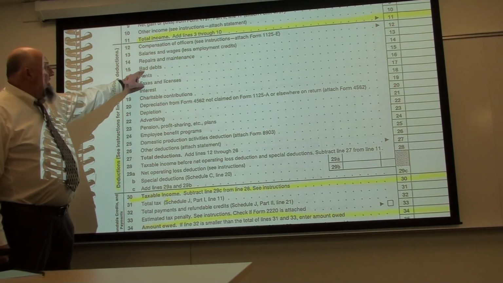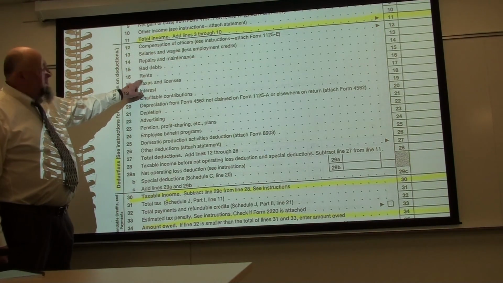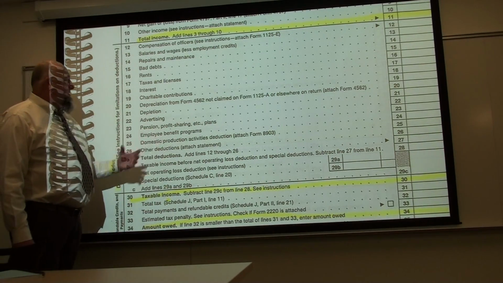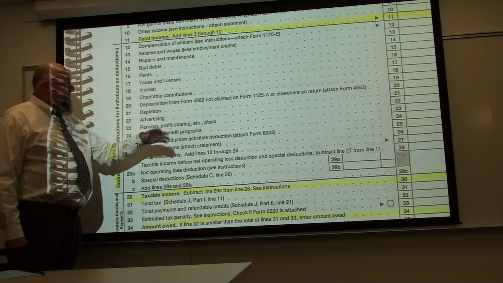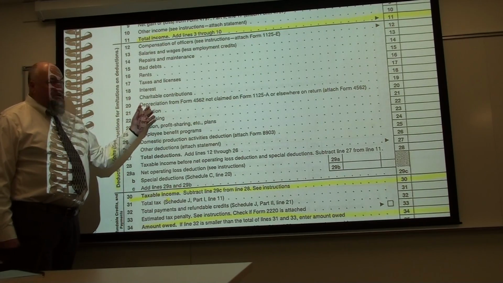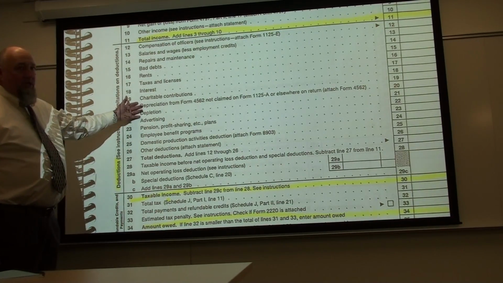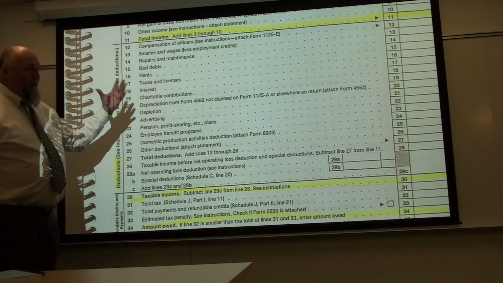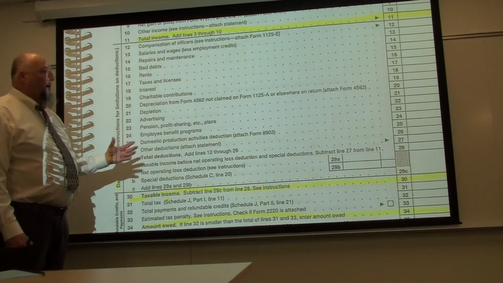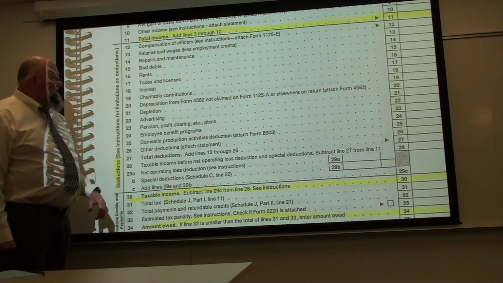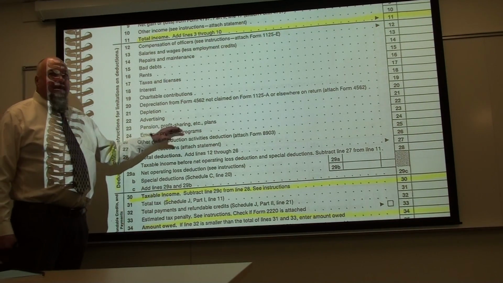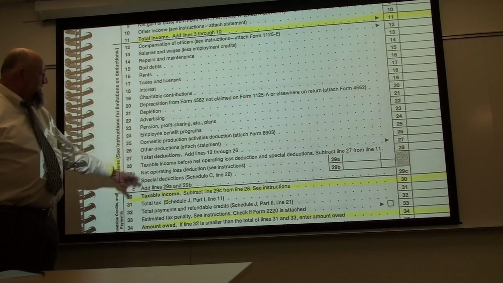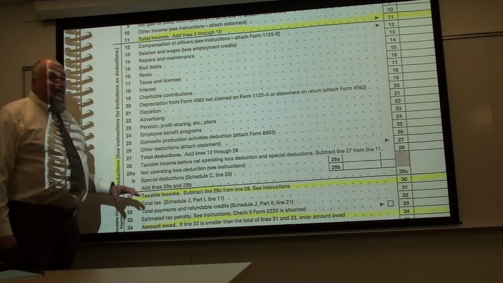If there's bad debt, if you paid rent, any taxes or licensing fees that you paid, that's a deduction. Any interest, charitable contributions that are made, depreciation deduction for equipment, depletion if you have shrinkage or loss, advertising expense, pension, profit sharing, and other types of benefit plan expenses, on down the line. So these are all going to be deductions.